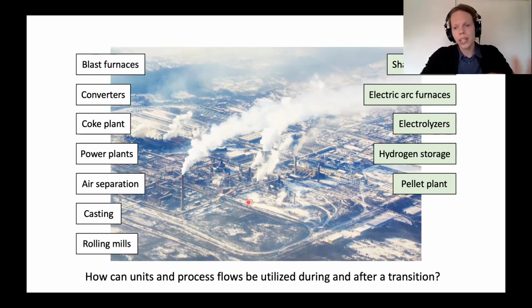So how then, during a transition that may take decades, to completely transition to this hydrogen-based reduction, how could we continue this type of integration and interconnectedness between these different units, both during and after a transition?